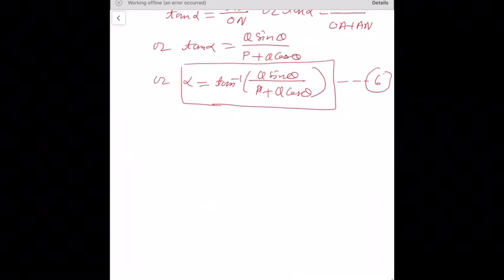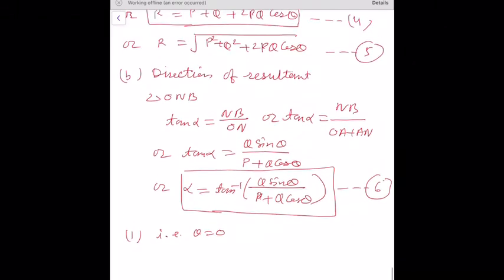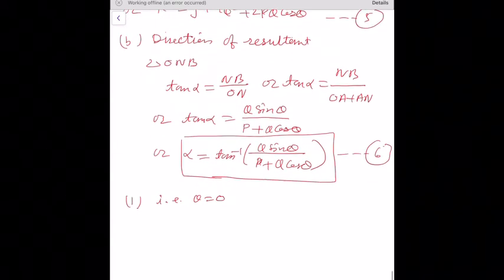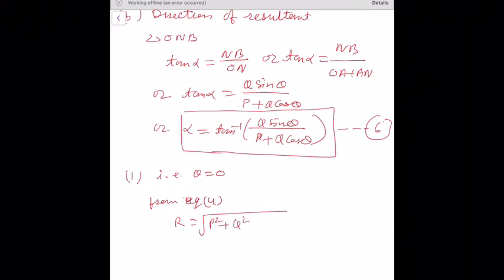Next, special cases. First special case is when P and Q are in same direction, that is theta equal to 0 degree. So from equation 4, R equal to square root of P square plus Q square plus 2PQ cos 0 degree. Here theta is 0 degree.